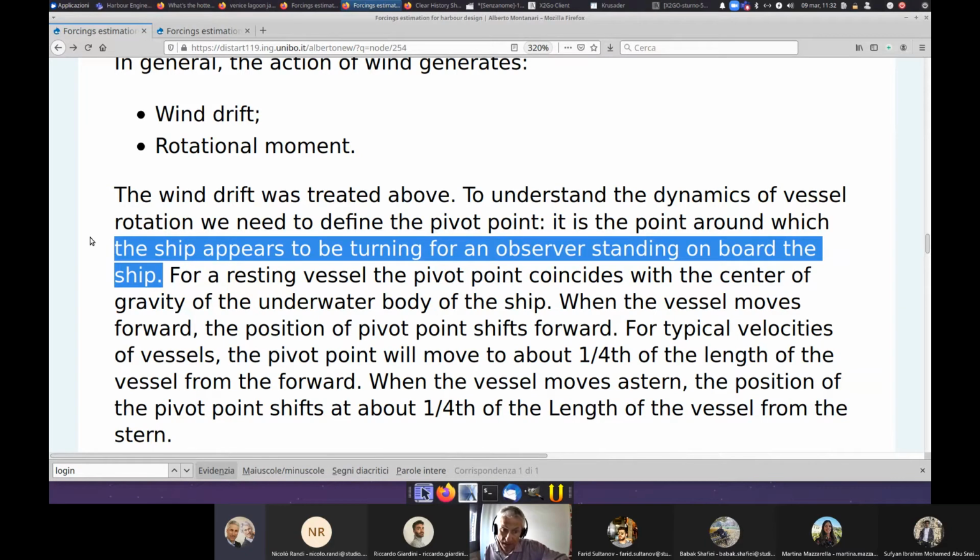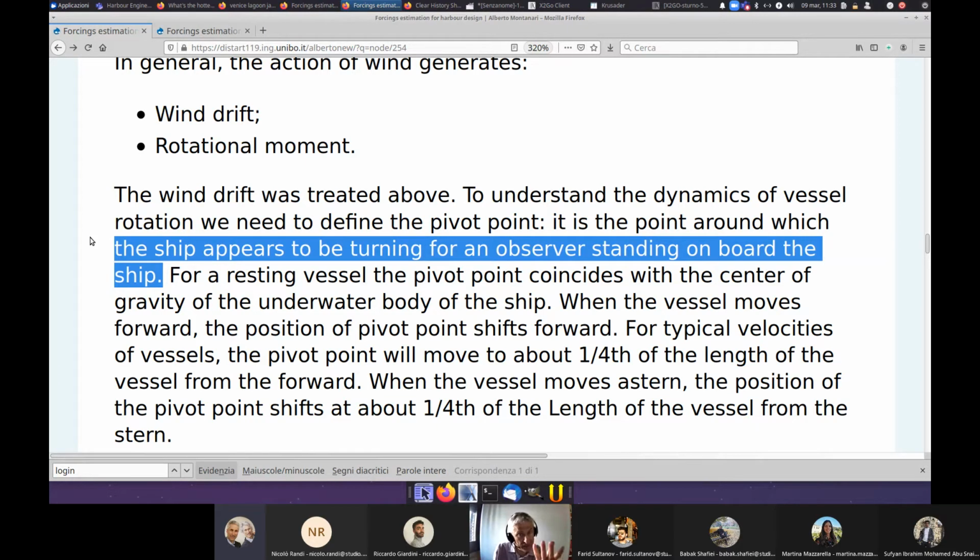And for a resting vessel, the pivot point is coincident with the center of gravity of the underwater body of the ship.